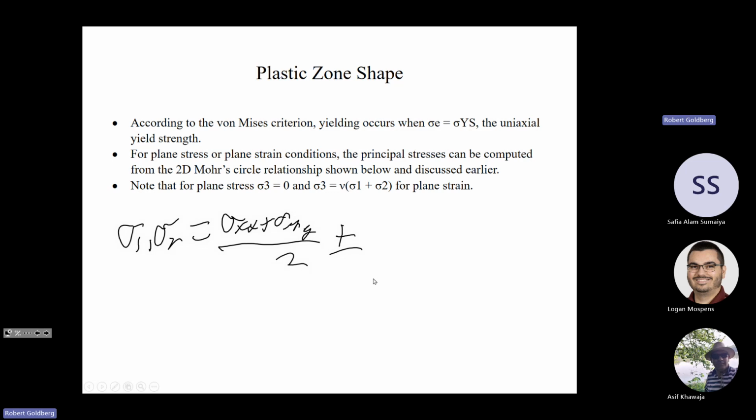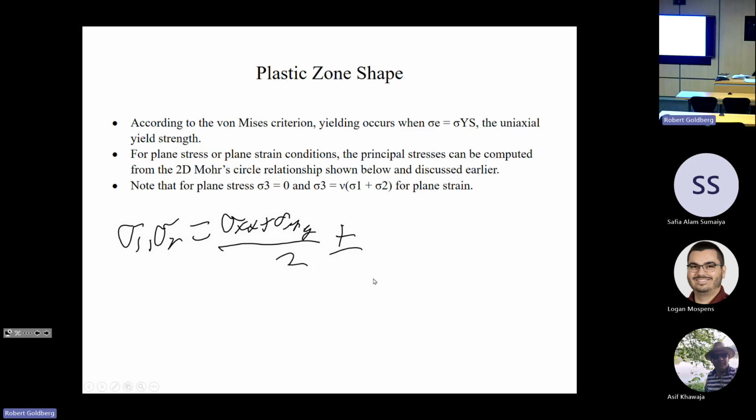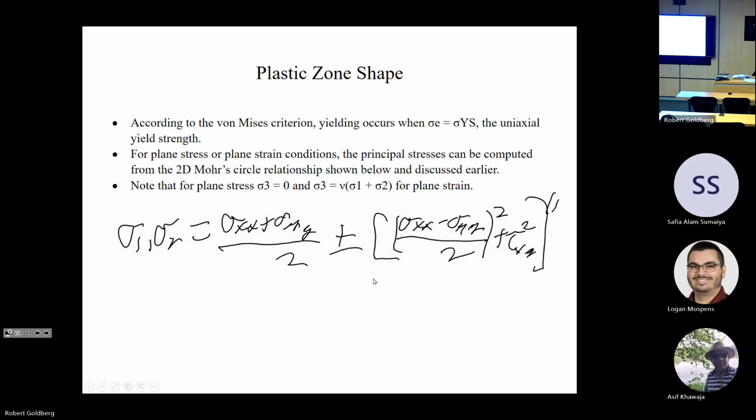The minus is for the minimum stress, sigma 2.